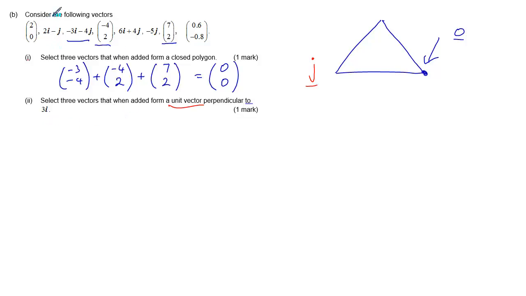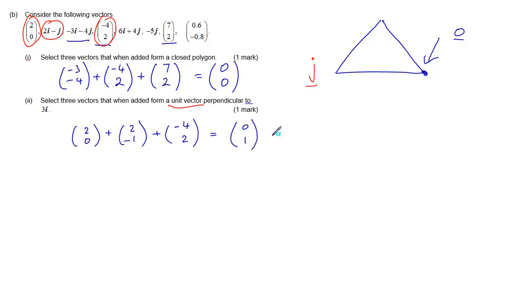Now, if we try this vector, and this vector, we get 2, 0, add 2, -1, add -4, 2, and if we add those up we can see that we get 0, 1, which is purely in the j direction. In fact, this is the vector j.